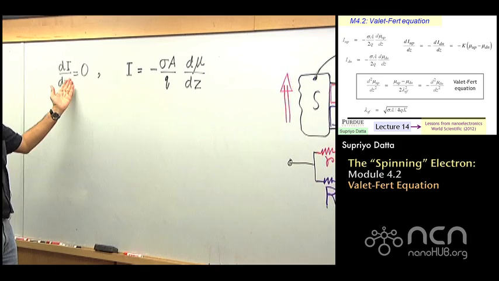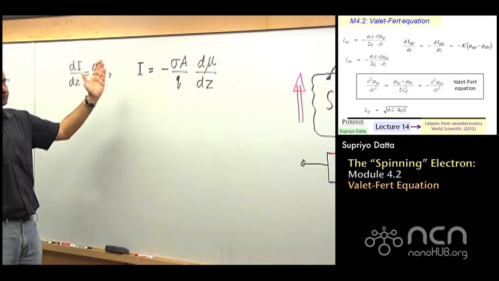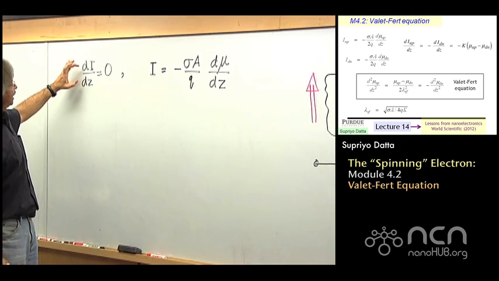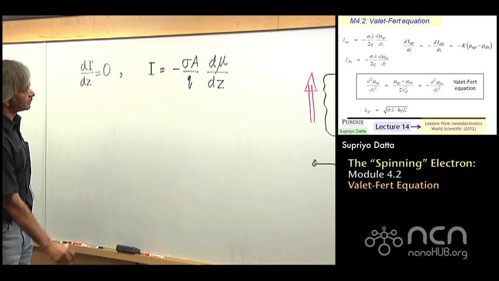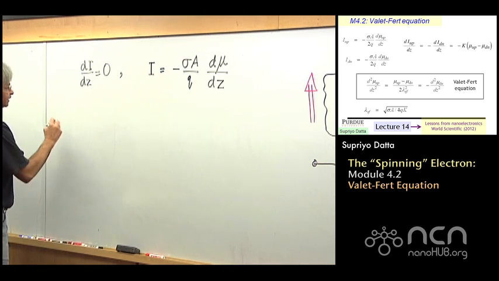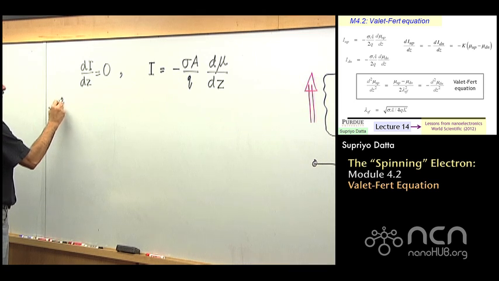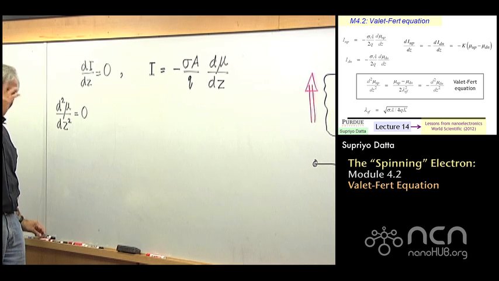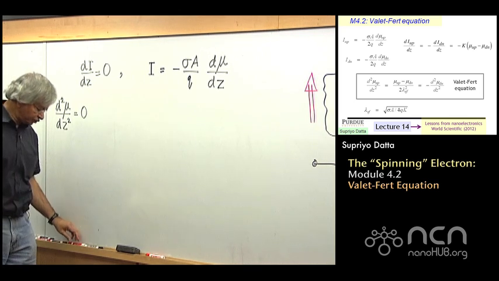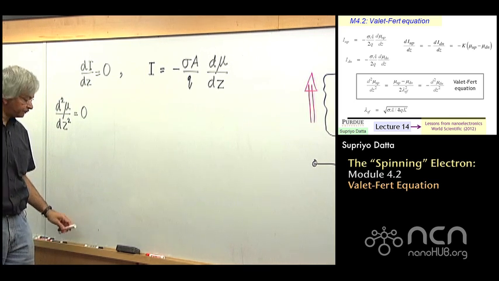One could solve those two equations, because I could take d/dz of that quantity, and if the conductivity happens to be constant, you get an equation that looks like d2 mu dz2 equals 0. That's what we did in week 3, in one of the 4th or 5th modules.